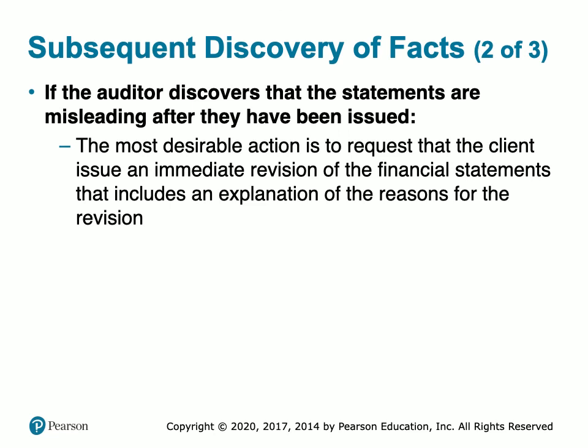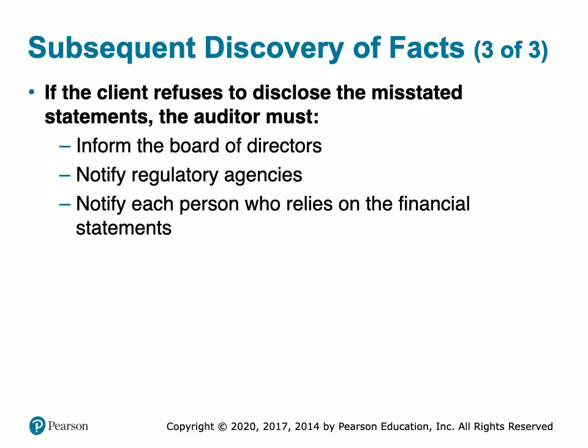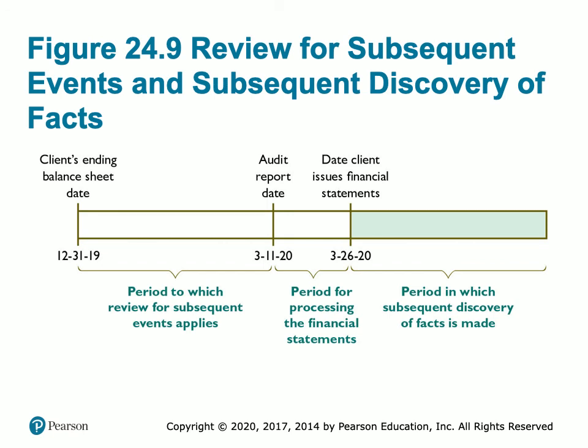If the client has been misleading, or the financial statements are misleading based on the subsequent facts, the appropriate thing is for the client to revise the financial statements and reissue them, and for them to issue a statement that you shouldn't rely on the financial statements. And then if they refuse, they need to notify the board of directors, withdraw their opinion, notify the board of directors, notify anybody who relies on the financial statements. This is a diagram of those kinds of things.